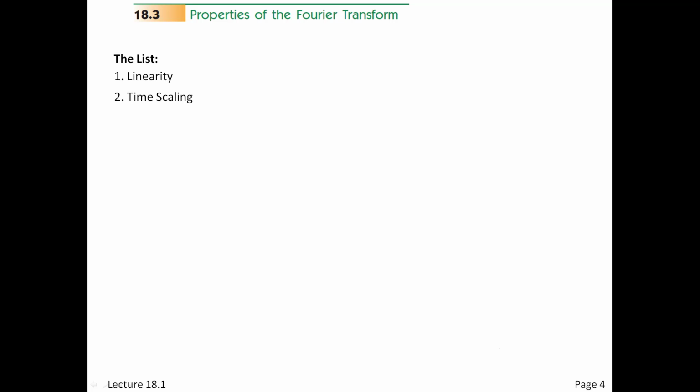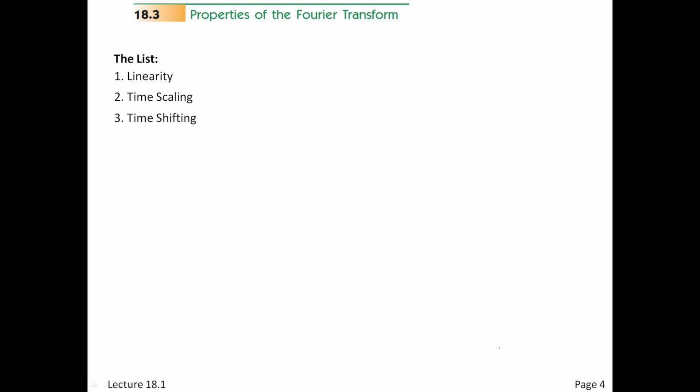Time scaling, right? We're going to want to be able to take a Fourier transform and recognize, ooh, that's the transform of something that I have. The only difference is my time frame is different than that time frame. I want to be able to scale. Same thing with shifting.